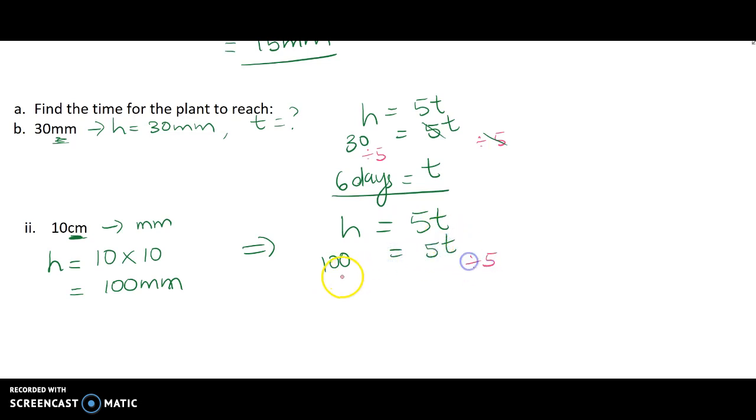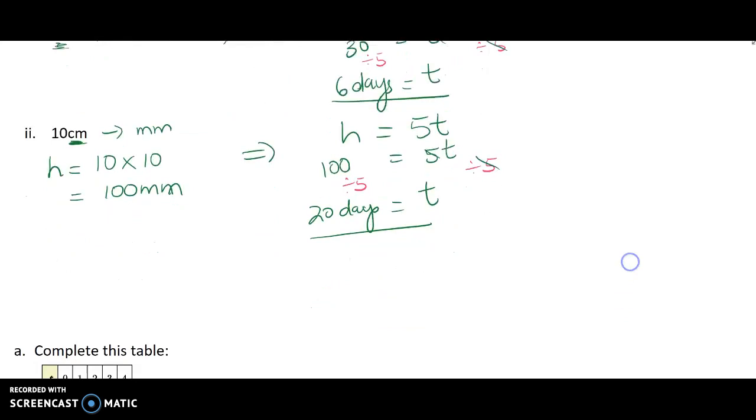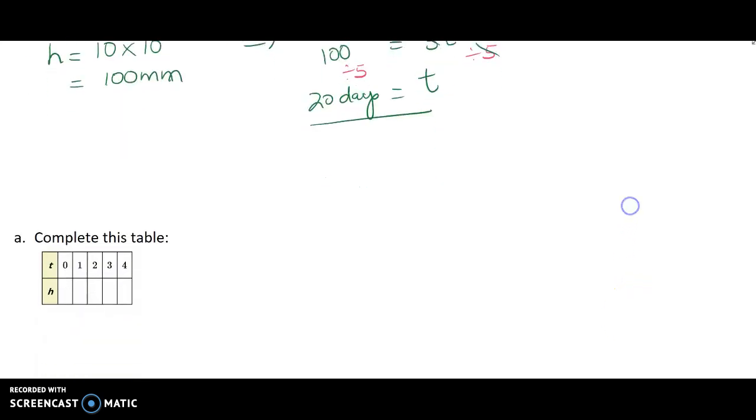Divide by 5 on both sides, and time, 100 divided by 5, is 20. So 20 days. Okay, so now that we've got that information, that's one thing that you'll need to do. When the equation is given, once one variable is given, you need to calculate the other variable.